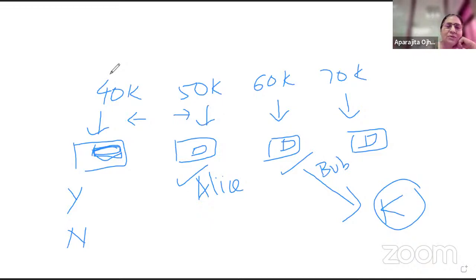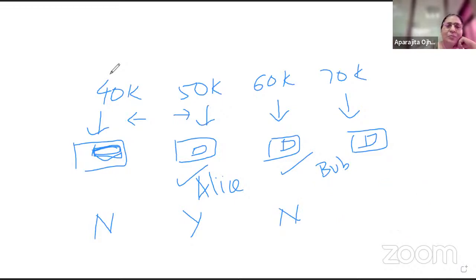Okay, so Alice will write, for example, no here, yes here, no here, and I hope I'm doing right, and then no here. Bob will write here, yes, no, no, no. Am I right? Bob will write yes here.